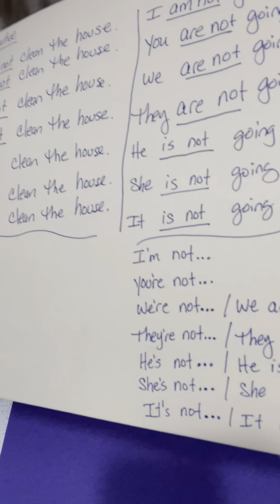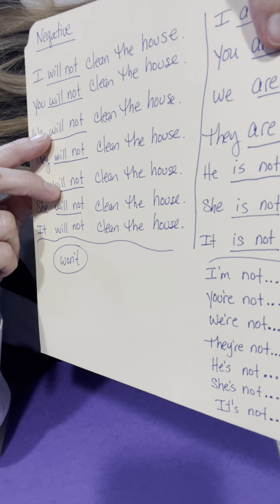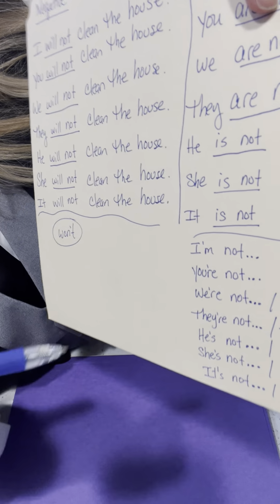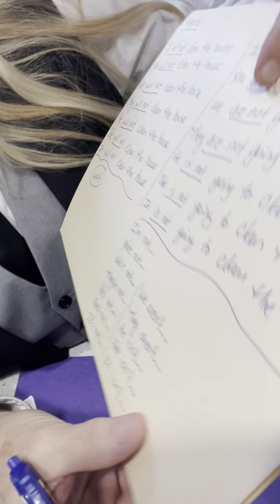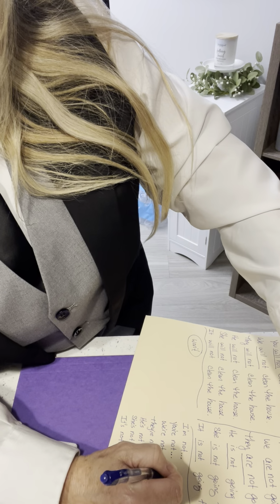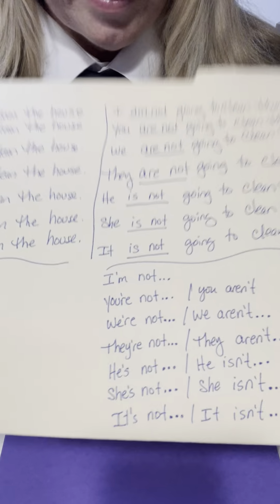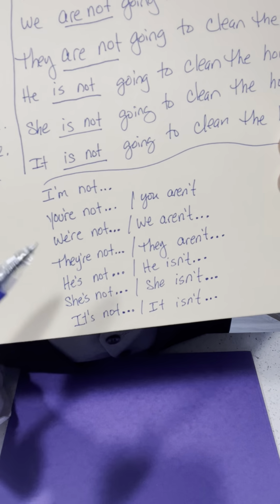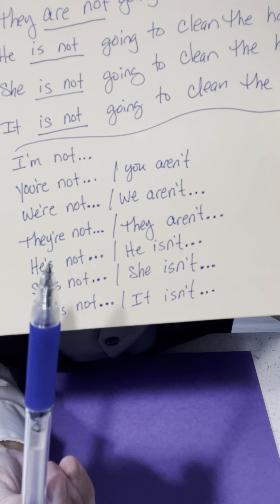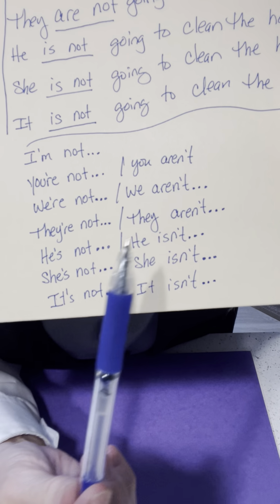Now, if we contract, I didn't write this here, I just realized. So for the rest of the pronouns all the way down, if you notice the contractions, I have two different sides.